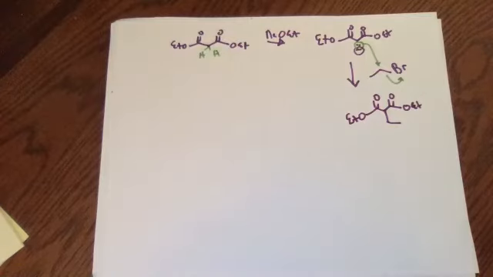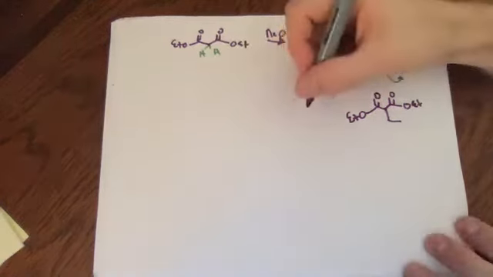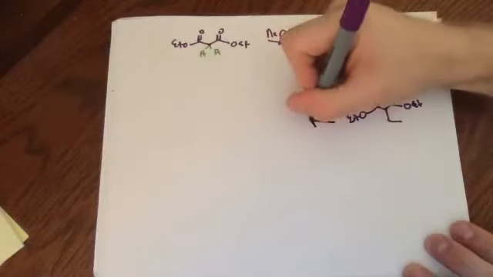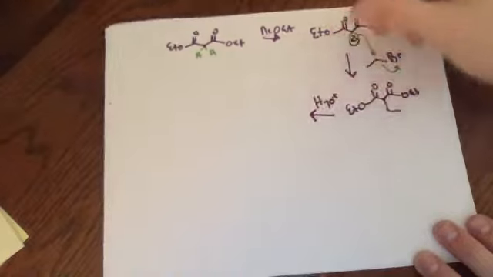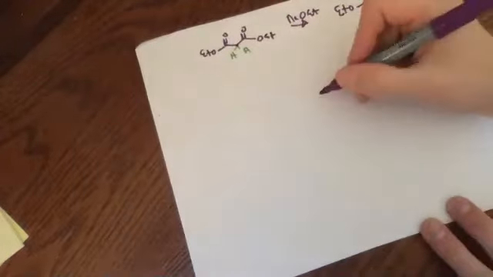From here, we're going to add an H3O plus. So that was a reaction we learned in chapter 20. If you add an H3O plus with an ester, you can make a carboxylic acid back. A lot of steps, and I'm not going to go over it.